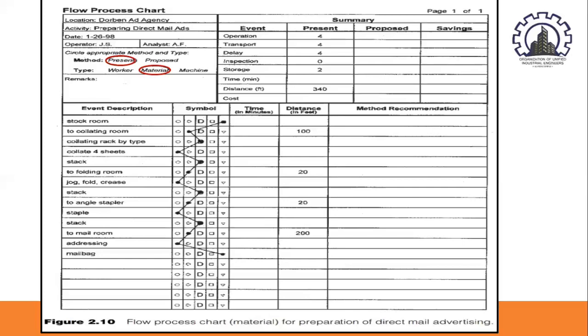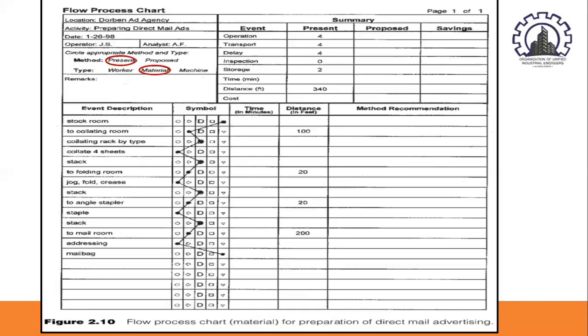Now you have there circle appropriate method and type. In a flow process chart, there are two methods involved. First is the present method, and second is the proposed method. Since this is your very first study on this particular activity, you will encircle present. This is your present method.